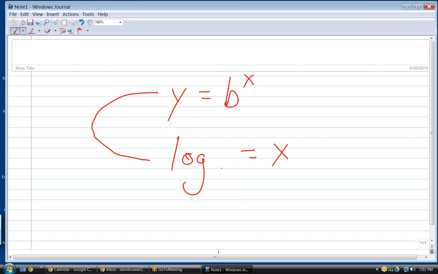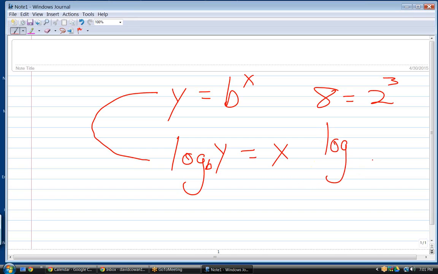The b is always the base, so it goes down there, and the only other place for the y is there. Okay? So, if I had the exponential expression 8 equals 2 cubed, what would the equivalent logarithmic expression be?